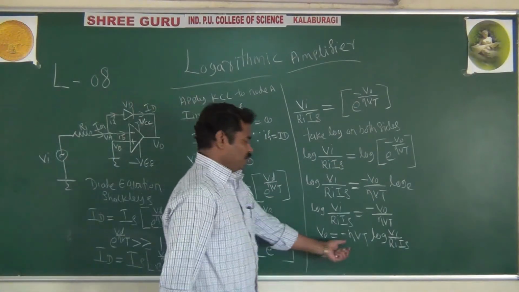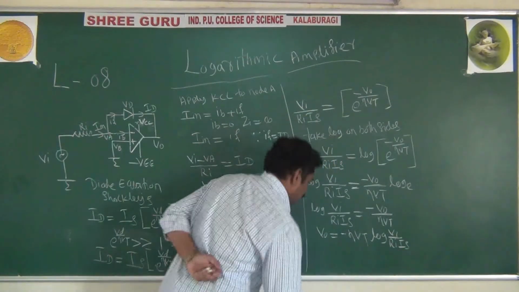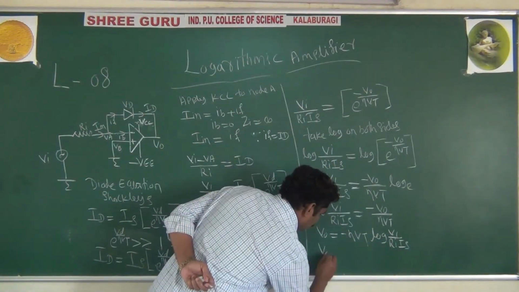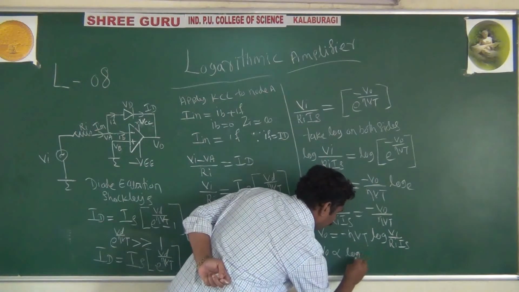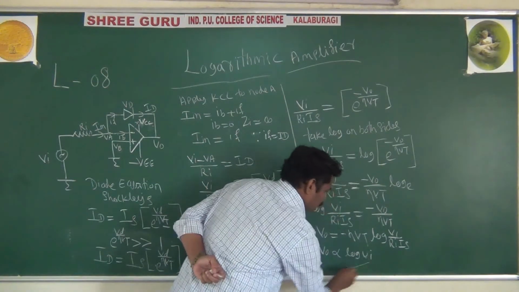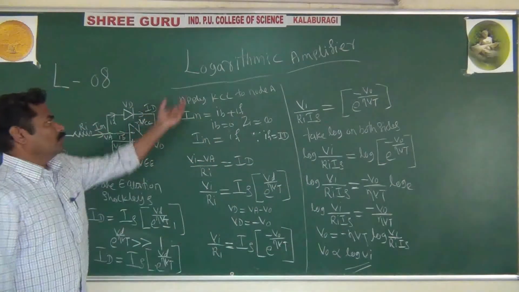Actually, eta, Vt, Ri and Is are constants. We can write V naught is directly proportional to the log of Vi. This is the important derivation for the logarithmic amplifier.